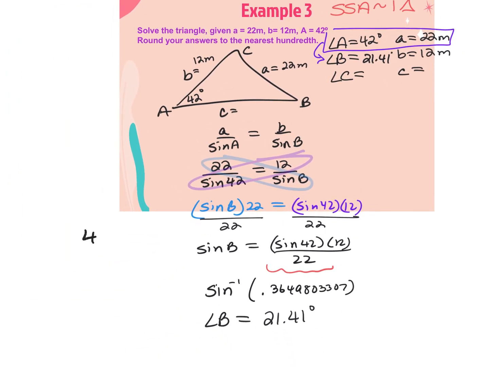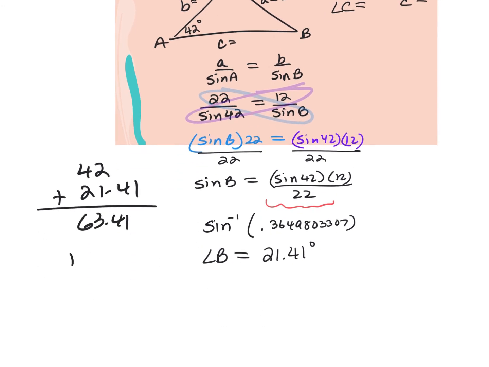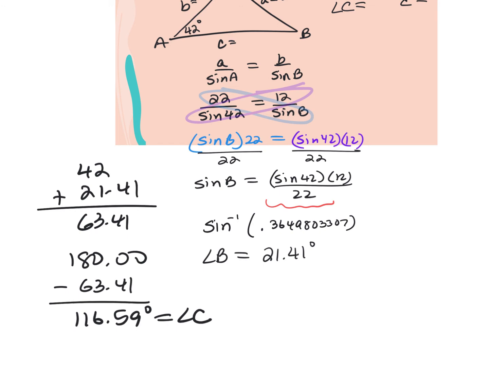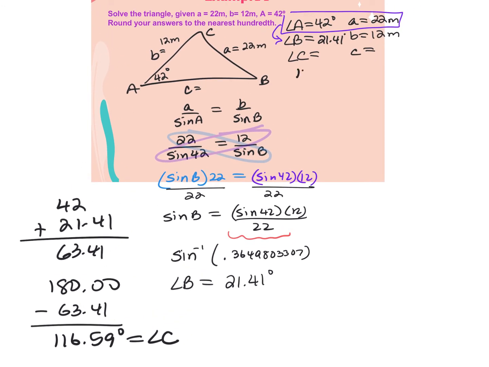So I'm going to add 42 plus 21.41, and I get 63.41. Subtract that from 180 using my triangle sum here. And my angle C is 116.59 degrees. So that's angle C now.